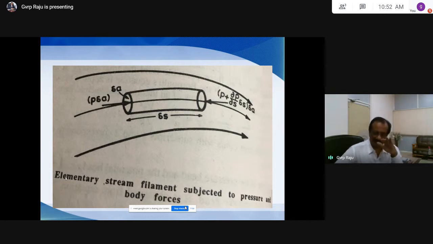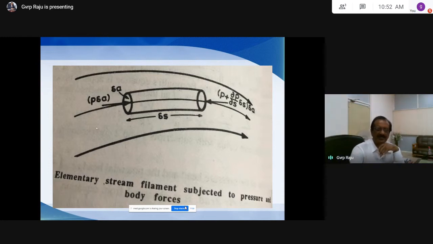You may be asked derivations, such as how one can find the pressure force and the gravity force. Indirectly, you may ask some questions in the derivation part of Bernoulli's equation. I am not trying to do the derivation of Bernoulli's equation, but to cover the important aspects and concepts based on which one can derive it.